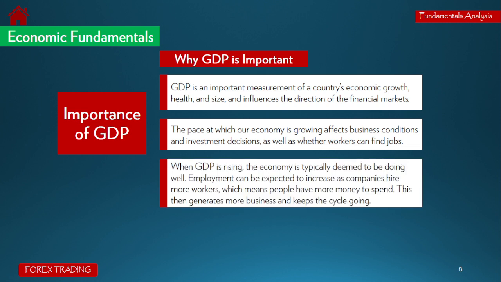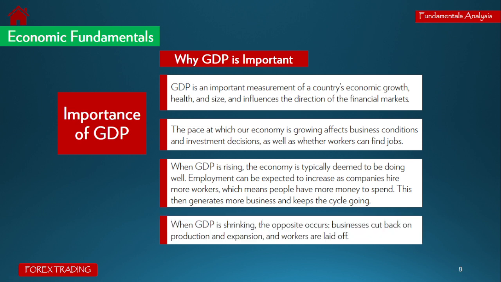When GDP is rising, the economy is typically deemed to be doing very well. Employment can be expected to increase as companies hire more people, which means that people have more money to spend. This generates more business and keeps the cycle going. And when GDP is shrinking, the opposite occurs. Businesses cut back on production and expansion, and workers are laid off.